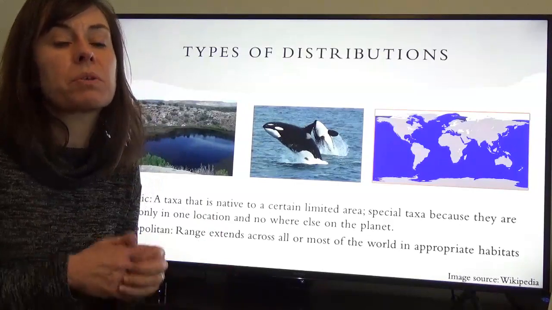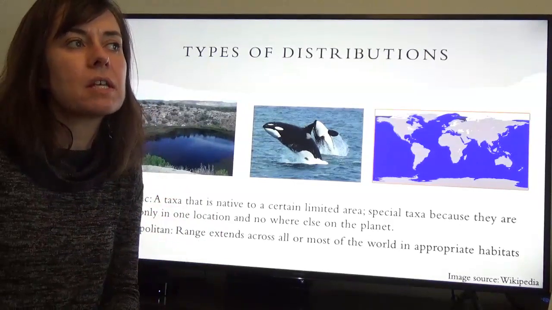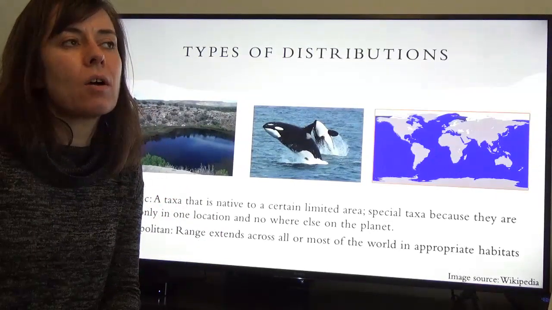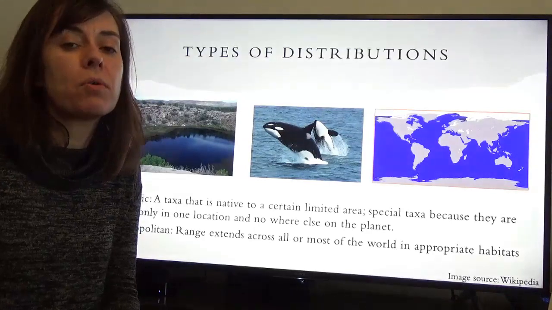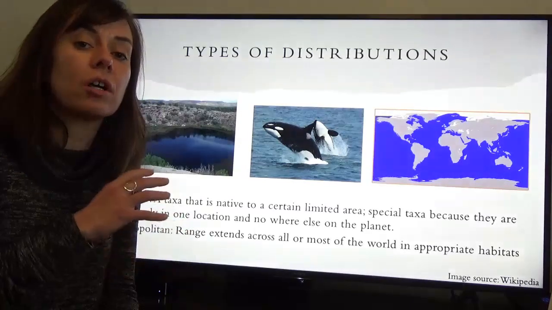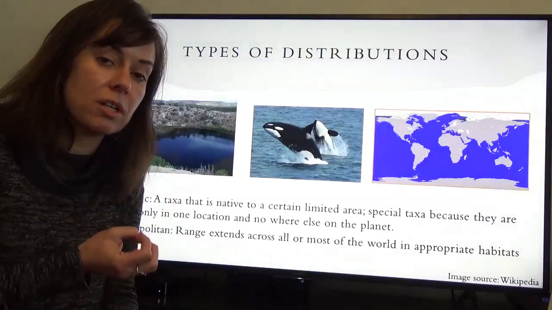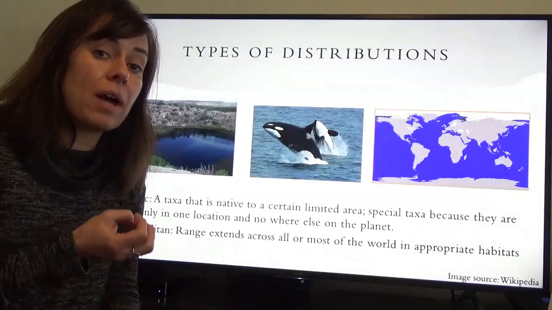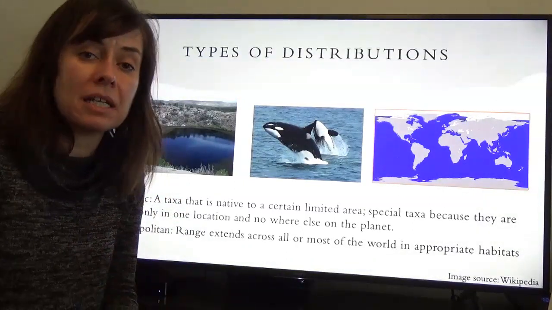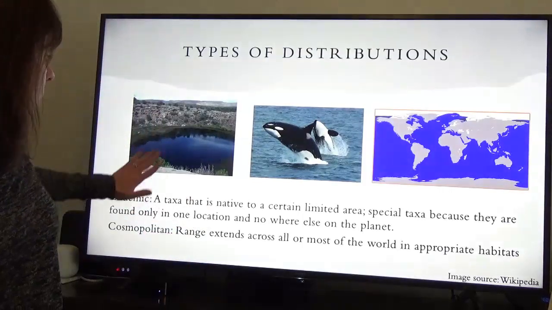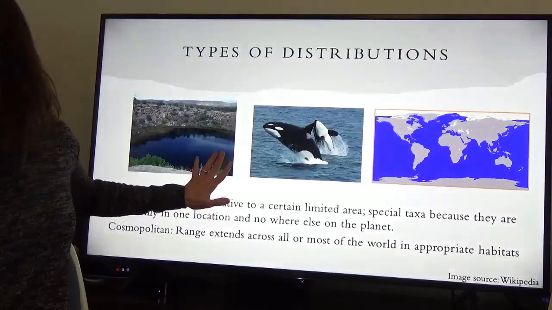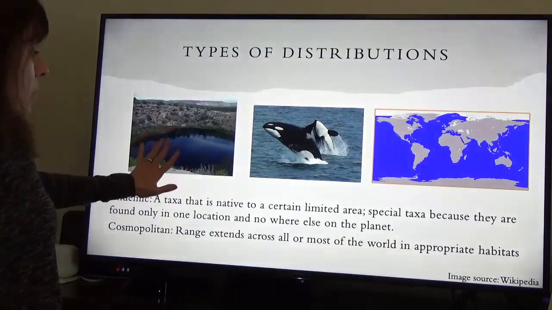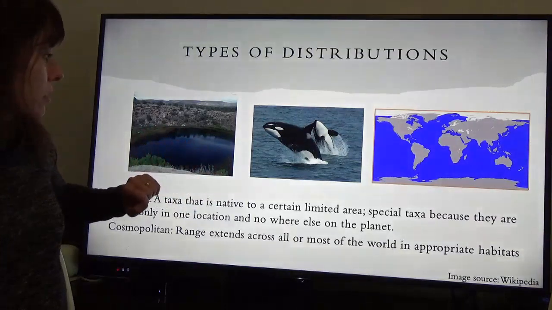And so when we're thinking about conservation initiatives, those components of the geographic range are taken into consideration in important ways. How important is this population for maintaining this species? So, a great example of this is this Montezuma Well in Arizona.